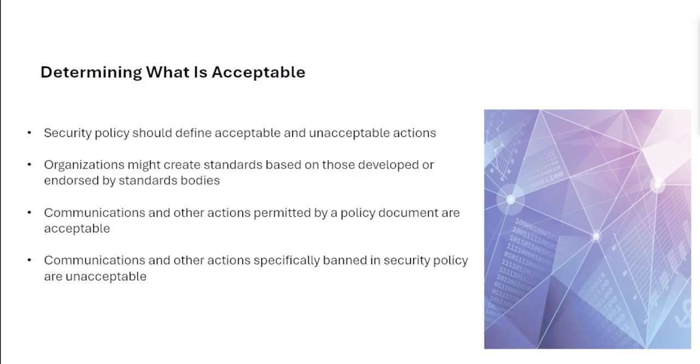Right. So you put those policies in place, and then you make your company employees aware that these are acceptable and these are unacceptable actions, and then you also show them what the consequences are for unacceptable actions at the same time, and consequences can go up to termination and fines as well nowadays. Okay, any questions on that?